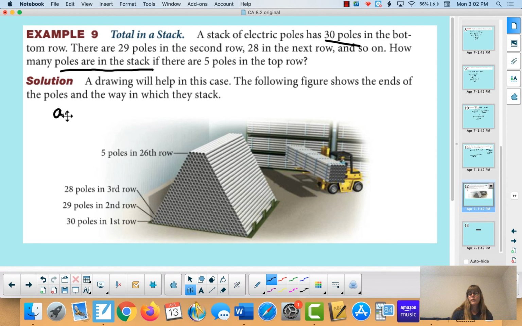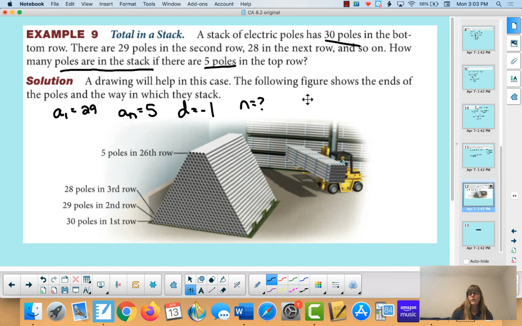So that tells me my first term is 30. It also tells me that in the top row there are 5 poles, so that's my last term. And we know that the common difference between each row is -1. It's going down by 1 each time. What we don't know is what n is.